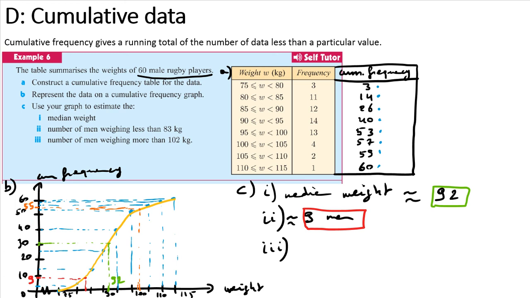So 55 men weigh less than 102, but we have to find the amount of men more than 102, so we do 60 minus 55, which is equal to 5. So in total, 5 men weigh more than 102 kilograms.